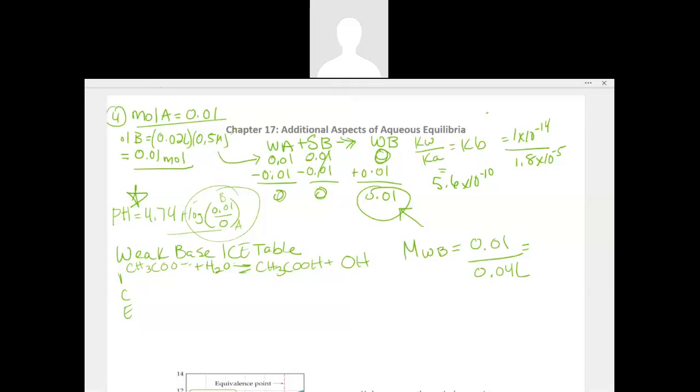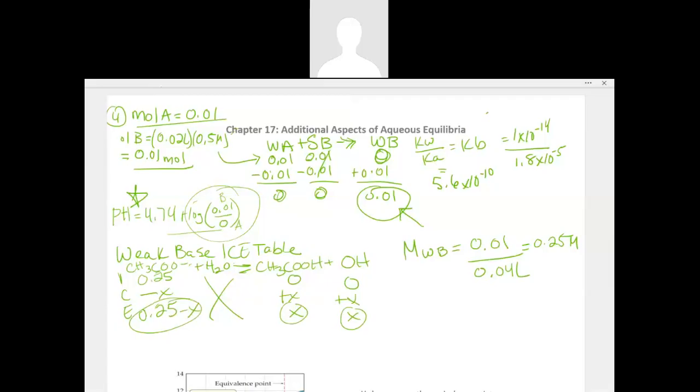This gives us a 0.25 molar initial concentration. So that's how we found this value. We have 0.25, nothing here, and to start we have none of these. So our change is minus x, and we fill in 0.25 minus x. This is plus x, so x here, and x here.